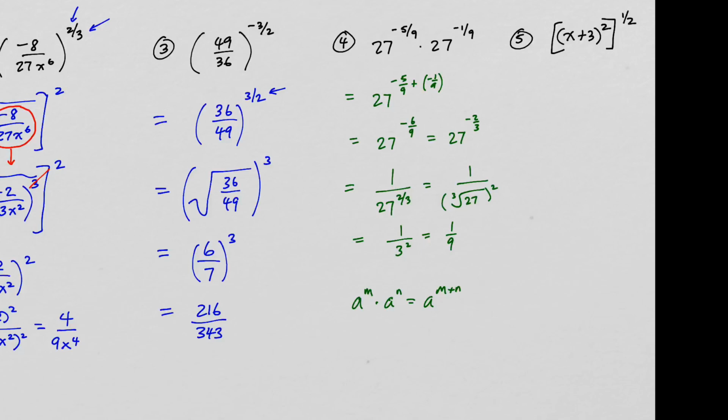And for our final example, we have x plus 3 quantity squared, quantity to the 1/2 power. So again, just use your definition. A 1/2 power is the same as a square root. And so what we have is the square root of x plus 3 squared.